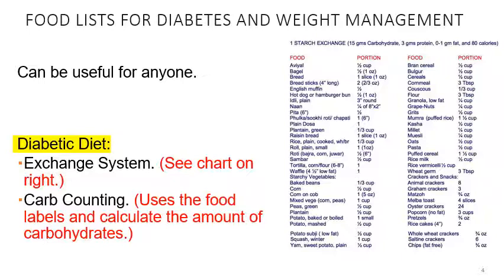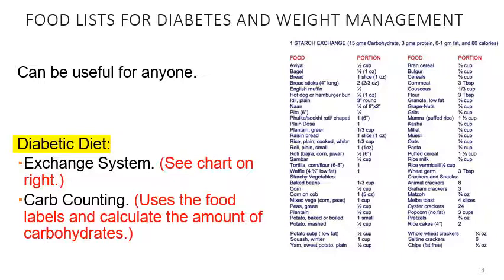As far as how to provide a diabetic diet to someone who's diabetic, there's two ways to calculate the carbohydrate for them. One is the exchange system, which is the older system, and two is carb counting.